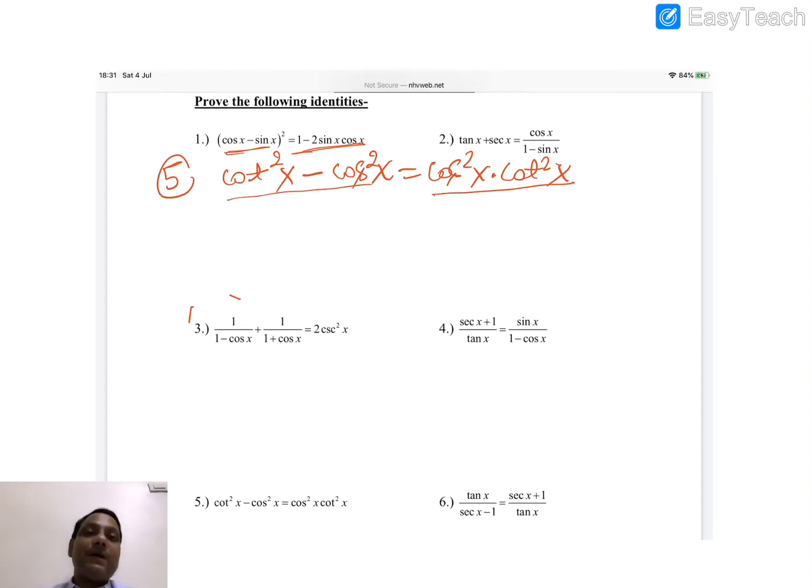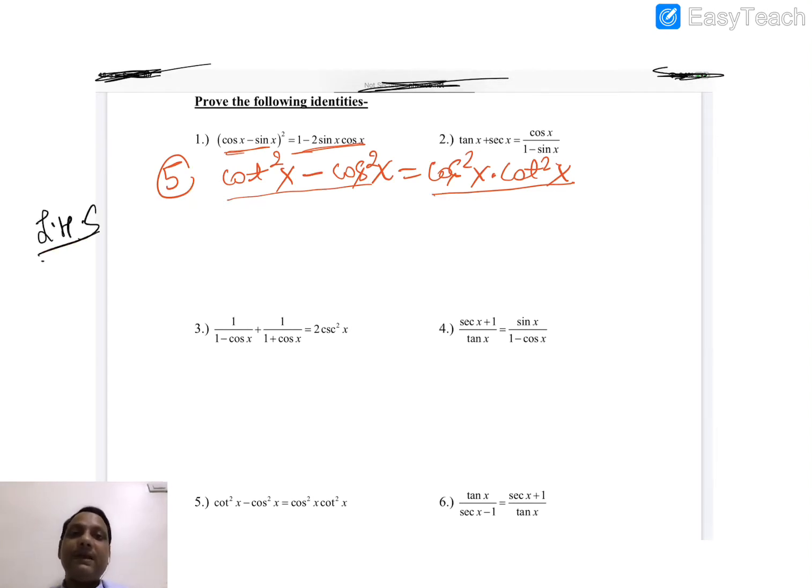Alright, so now what I am going to do here guys, you all see here. Look here, I am taking the left hand side, because from left hand side I hope the question is going to be easy and we can easily prove it. So you write here cot square x minus cos square x.